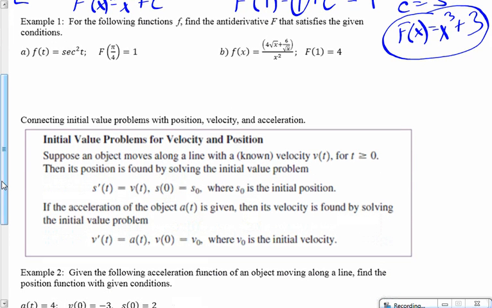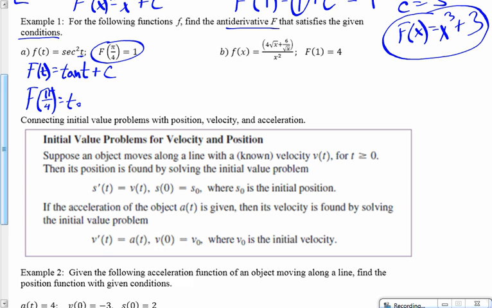Okay? We've got a function f. We're finding the antiderivative that satisfies the given condition. So we're asked to find an antiderivative, so we'll do that part first. This is not a power rule. It's secant squared. This is one you have to recognize. Its antiderivative is tan t, because we're dealing with the variable t, plus a constant of integration. The initial condition, then, we will substitute. Capital F of pi over 4 is equal to tan of pi over 4 plus c.